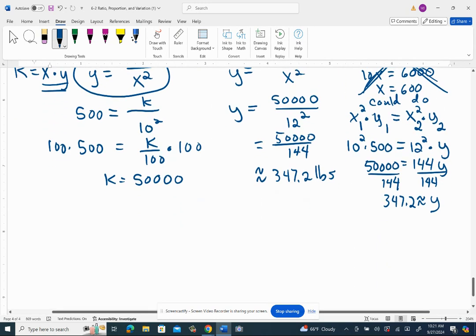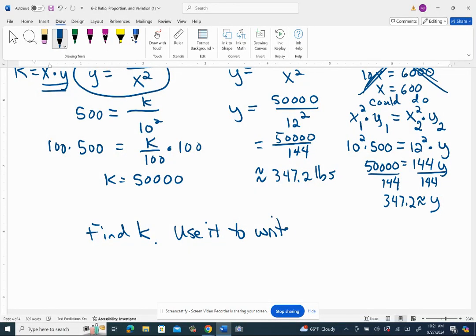So on all of these, find k, then use it to write the variation equation, and then go from there to solve the problem.